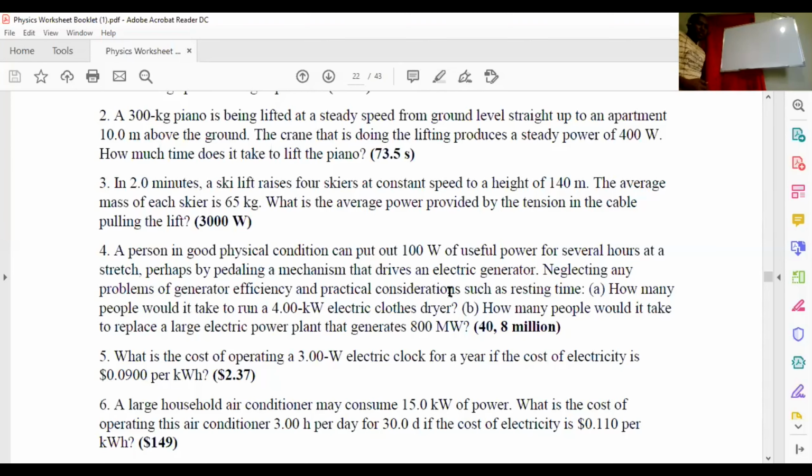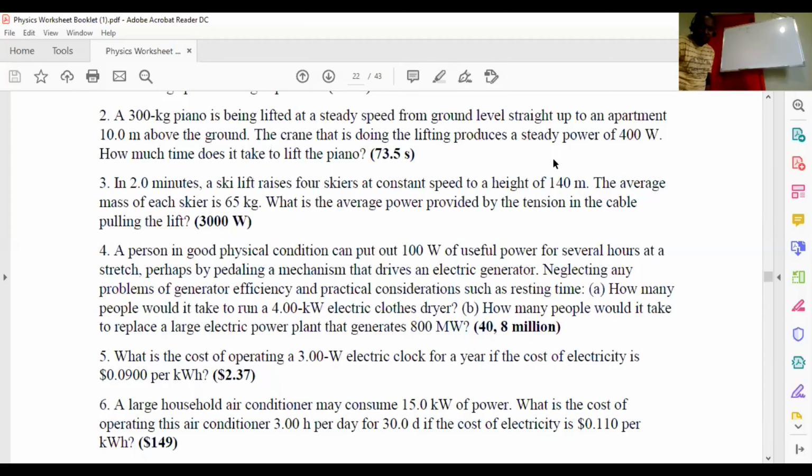All right, so which equation would we use for power? Remember, we had 2 equations for power, work over time or energy over time. Which one would we use here? Work over time. So power is equal to work over time. How would we find the work here?